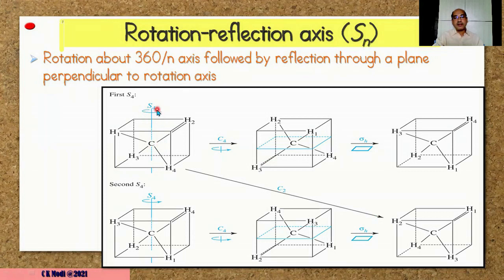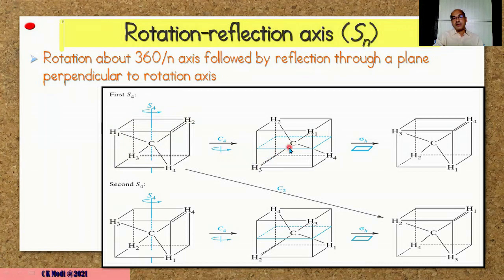If we assume this is an imaginary axis, and I rotate by 90 degrees, now we will rotate it by 90 degrees. So what will happen after 90 degree rotation? H1 comes over here, H2 comes over here, H3 comes here, and H4 goes here.